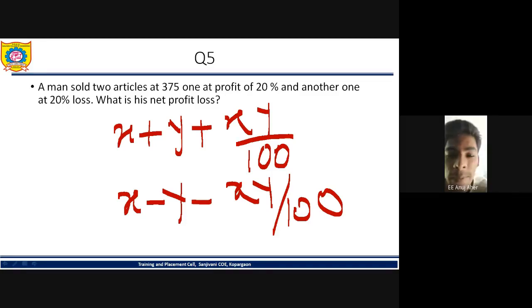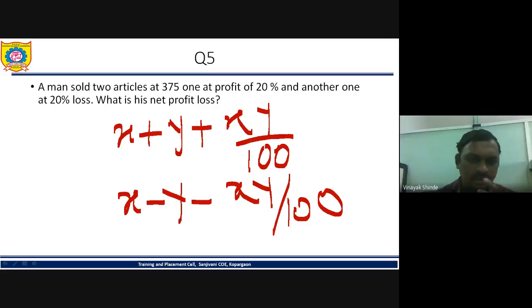X plus y upon 100 formula. What is x and what is y? Okay, Anuj, bye bye. If students are not attending seriously, I don't want these students in my session. And they are wasting the time of other students.